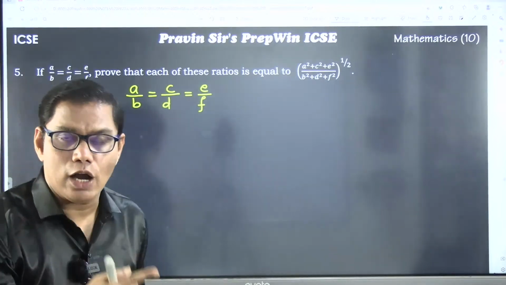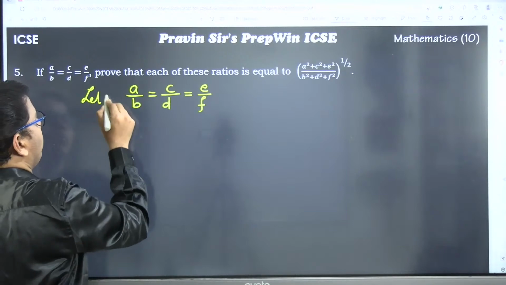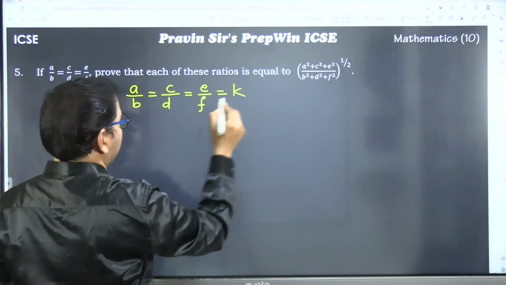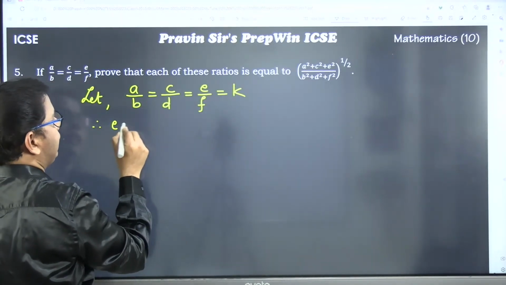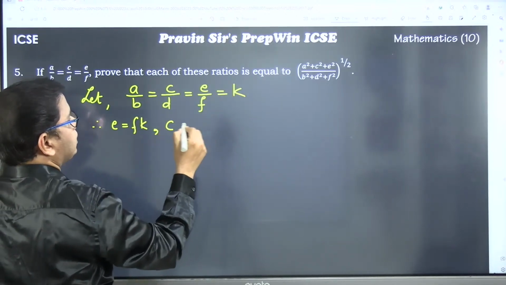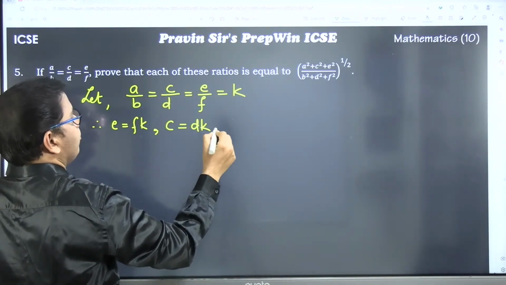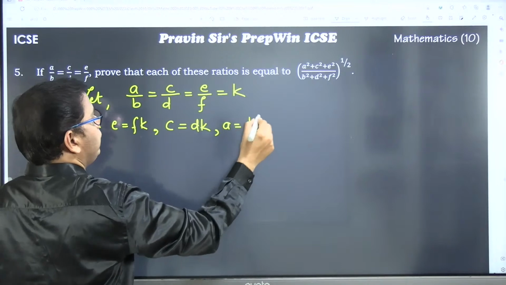Which method we are going to use to solve this? Yes, method is K method. So here I get E equal to Fk, cross multiplication. C is equal to dk, and A is equal to bk.